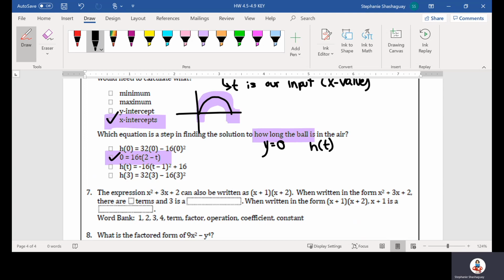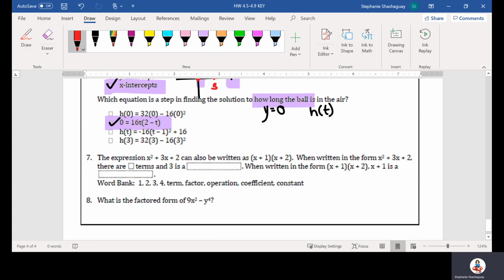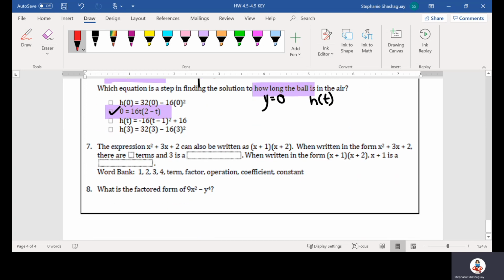We don't want to know when our input is 0, because when our input is 0, the ball would be right here on the graph. And if we found our input of 3, that 3 could be any time in seconds. Say, for instance, it was right here on the graph, then we would be finding the maximum value. So we need to find out when our height is at 0, so you would replace that y, or that h of t, with 0.